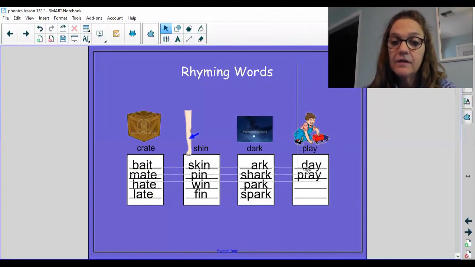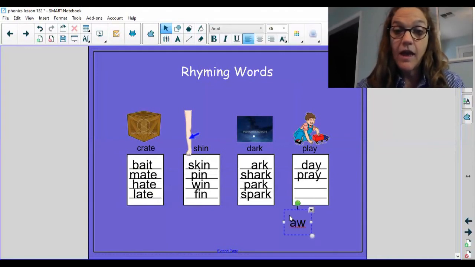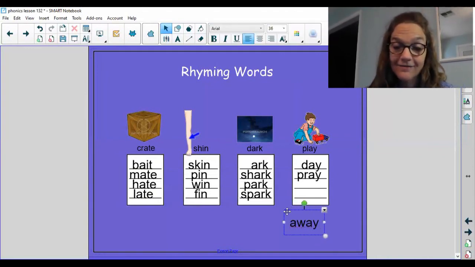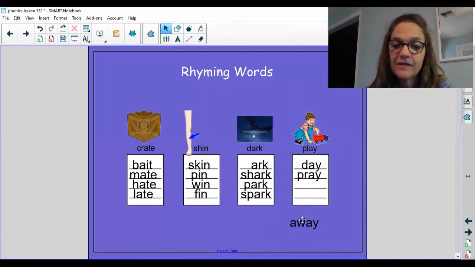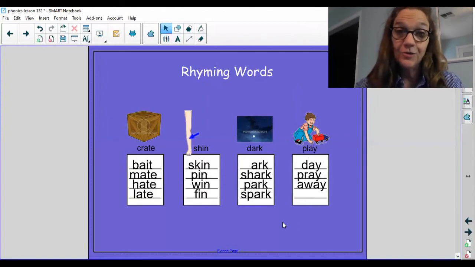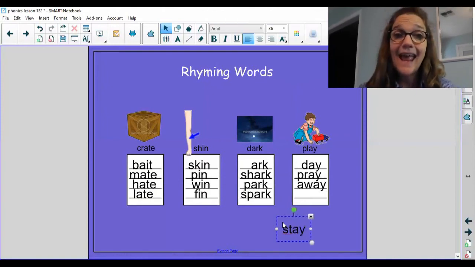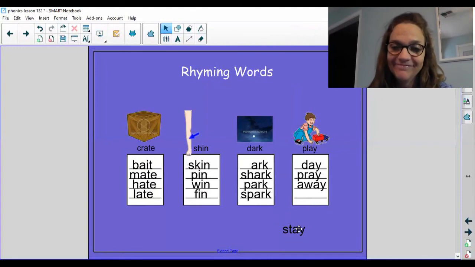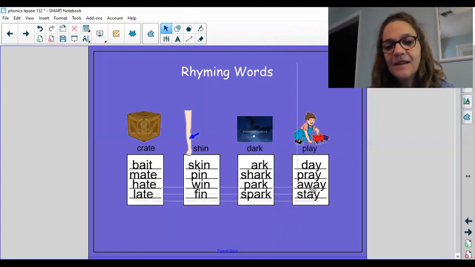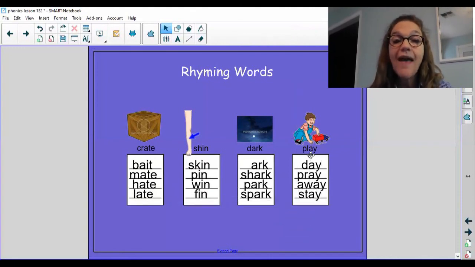And dogs are barking loud right now, and I wish they would go away. But instead, I think they're going to stay. Okay. And those all rhyme because they end with A. Okay, those are rhyming words there.